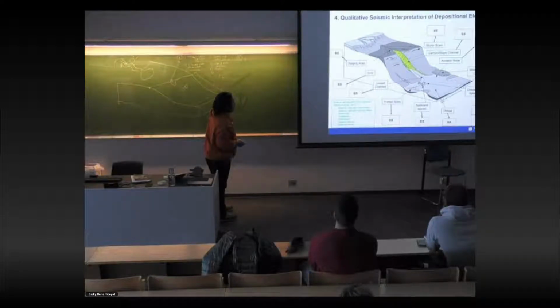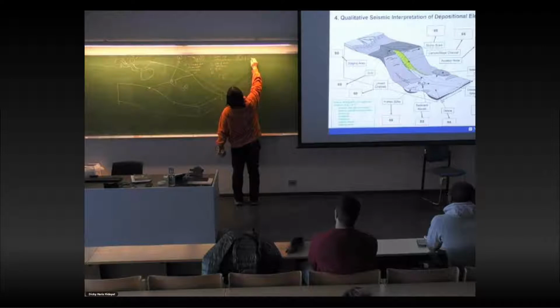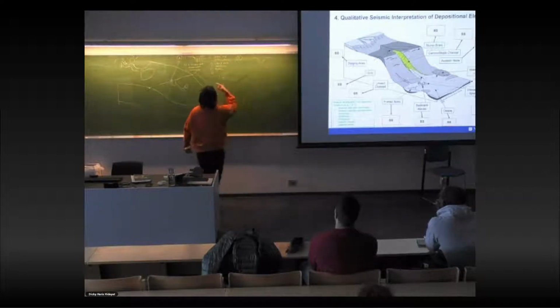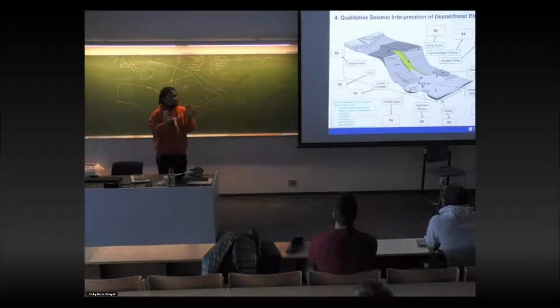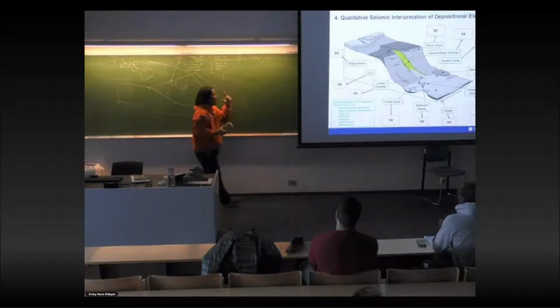Seismic reflection termination. In this channel system, usually you have something similar to the canyon, but with a more major physiography. When I say major, it means you have more erosion in the channel compared to the canyon.